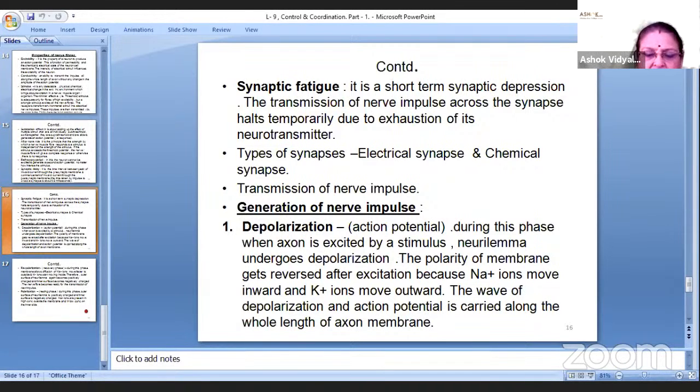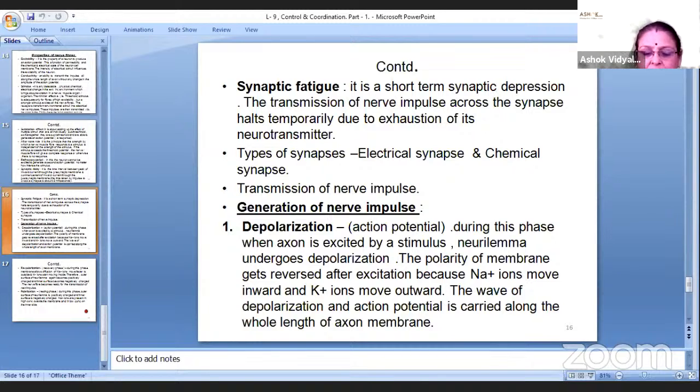Next is the transmission of the nerve impulse. Here the extracellular fluid which surrounds the neurons has the property of excitation. Their membrane is selectively permeable to different ions, that is cations, potassium ions and sodium ions.